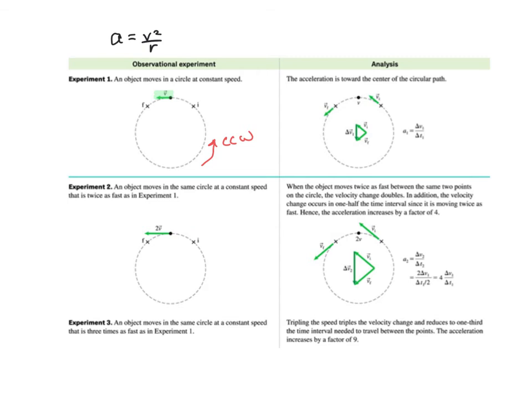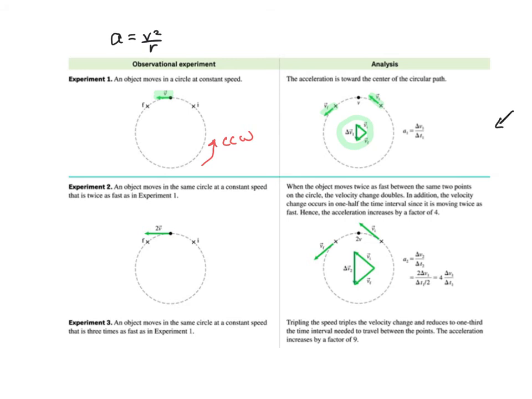All right. So they take the initial moment in time here on the left and the final moment in time, and their delta v points down towards the center. You notice they add their vectors a little different than I do. Sorry, let me get my pen out.